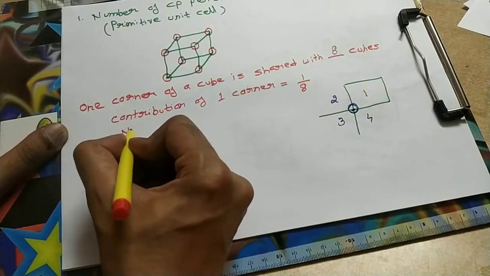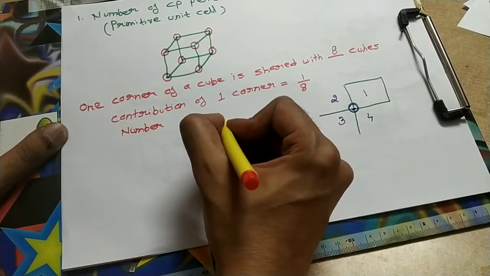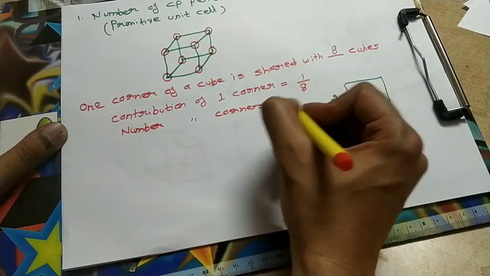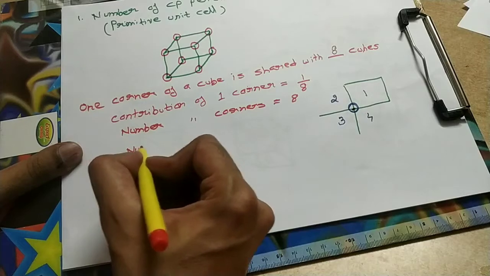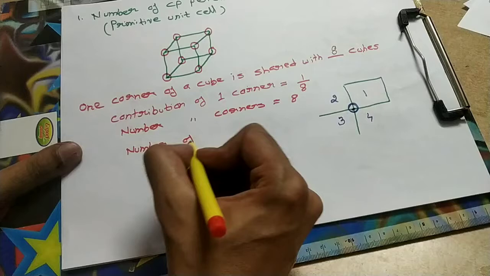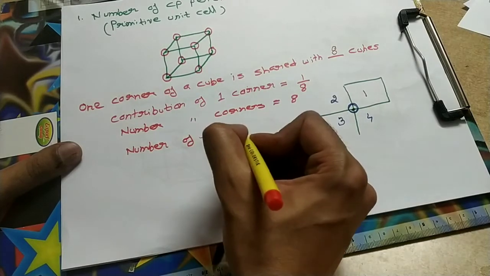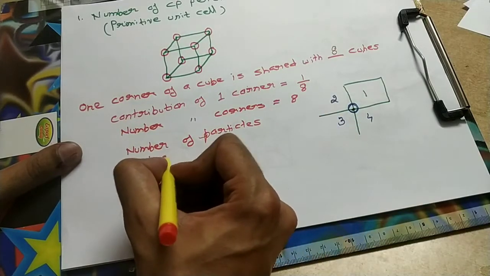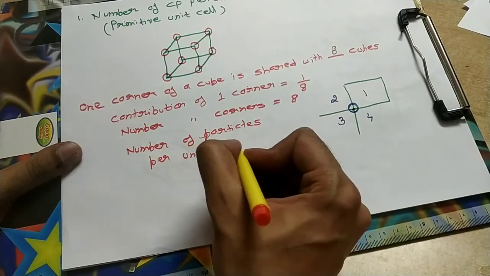Number of corners, eight. Therefore, number of particles per unit cell. कितने हो गए बेटे?